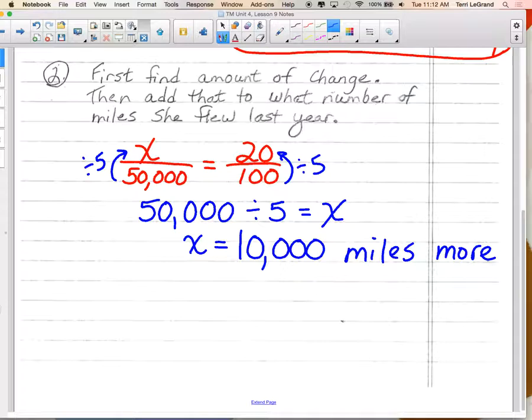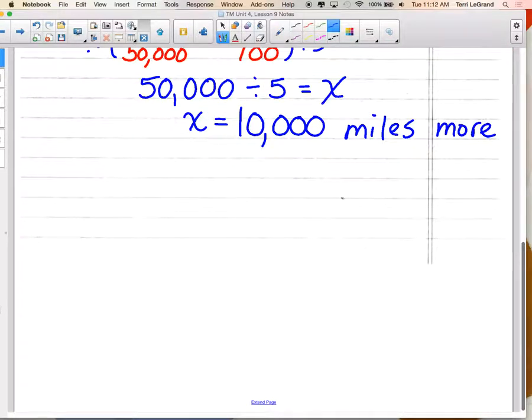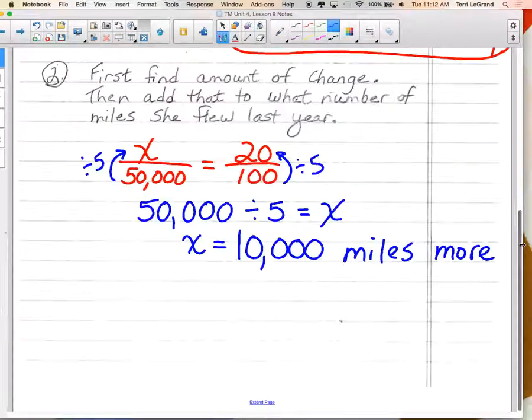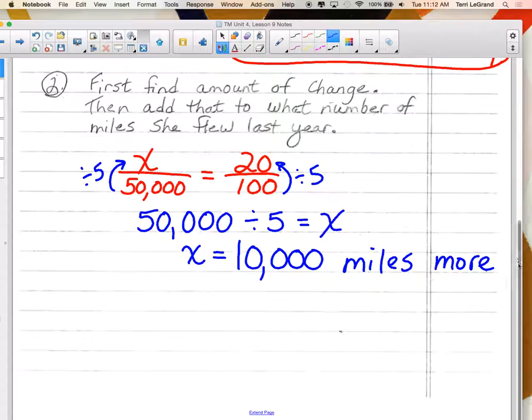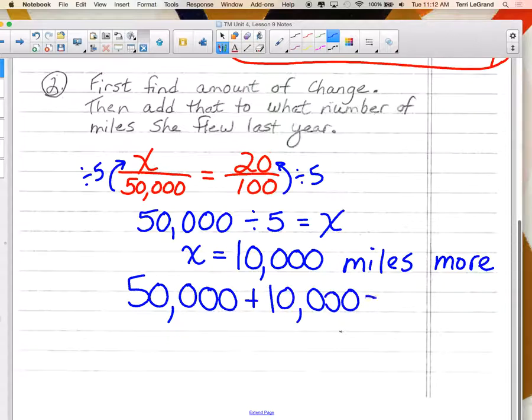So what do we have to do yet? Add this to, add this to, thank you, 50,000. Add those guys together. 50 plus 10 is? 60.